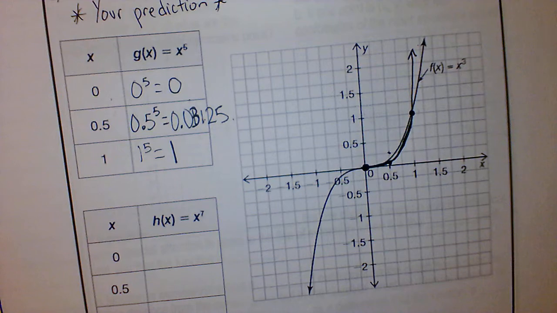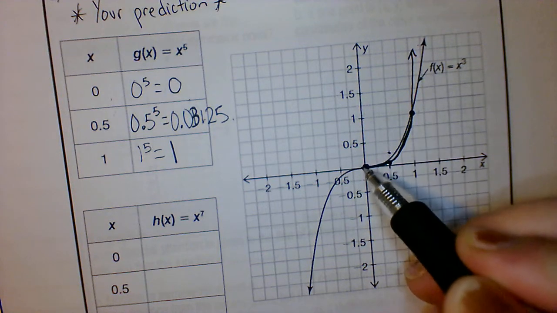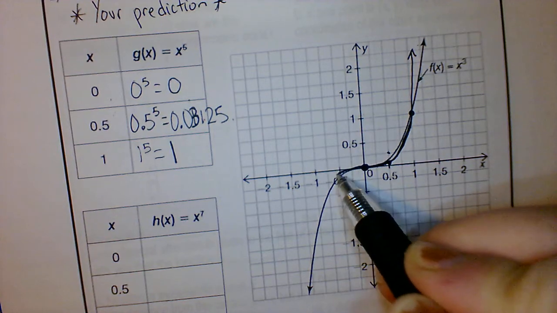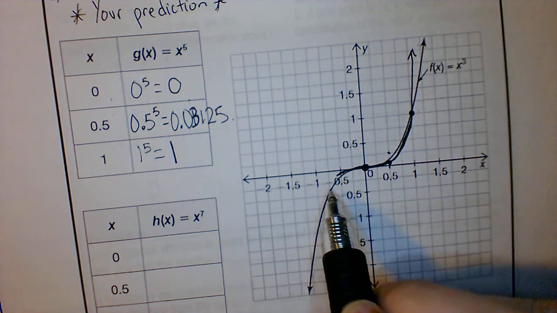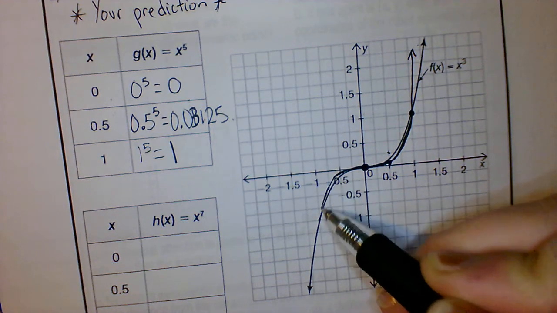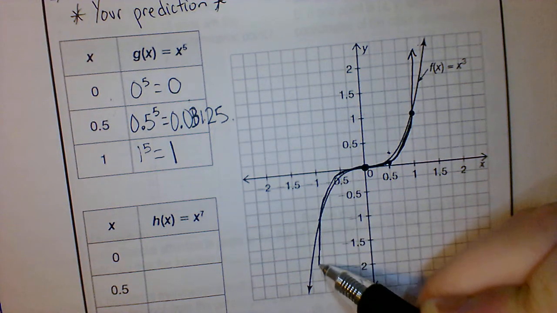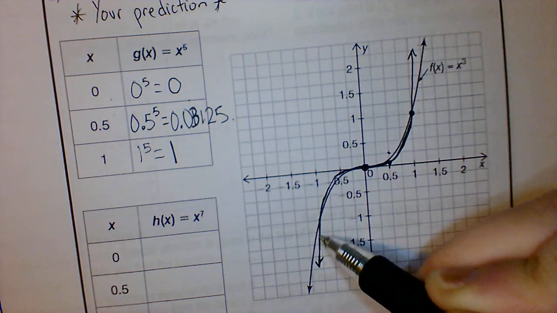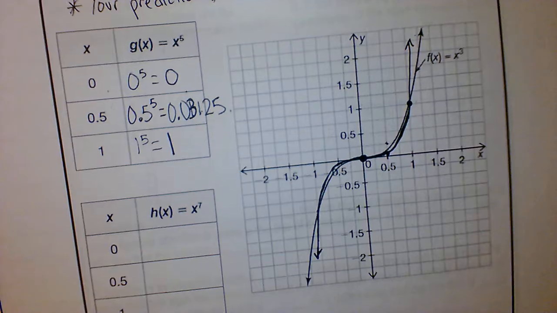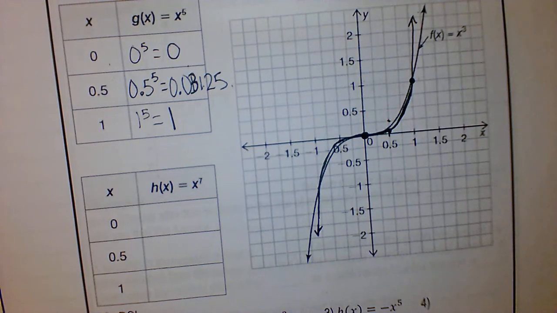So, like that. And we're going to have a similar look to it, just in the other direction. So super close to our x-axis there. Crosses here and then gets steeper downwards. Go ahead and graph h of x, which is x to the 7th power, and then check your prediction, see how we did.